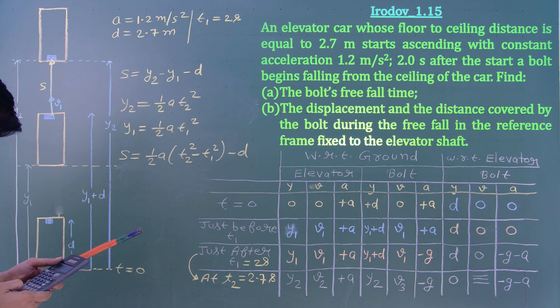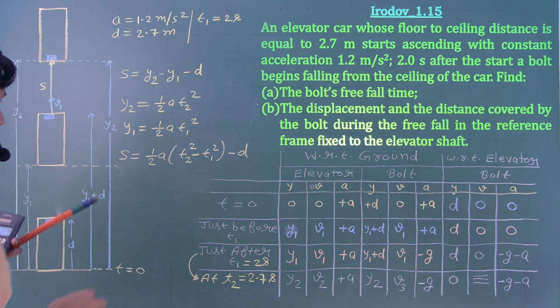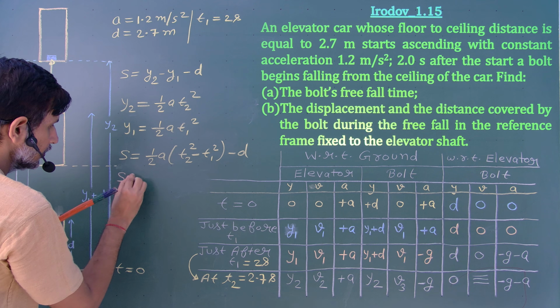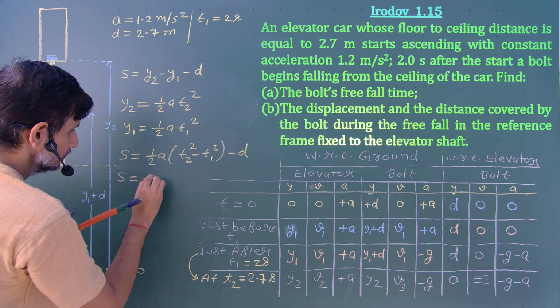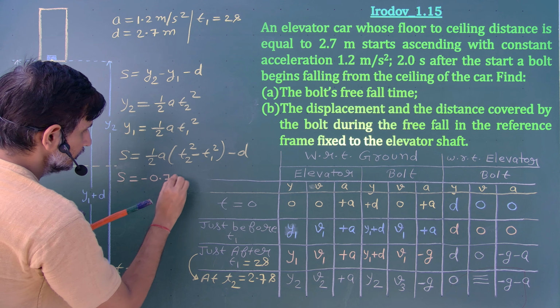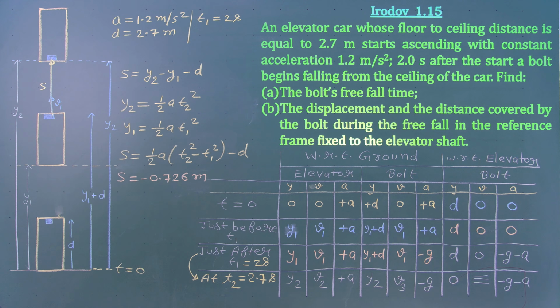The value of displacement came out minus 0.726 meter. My answer is displacement is minus 0.726 meter.